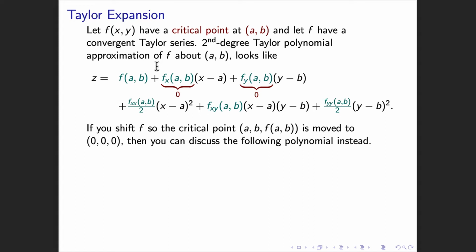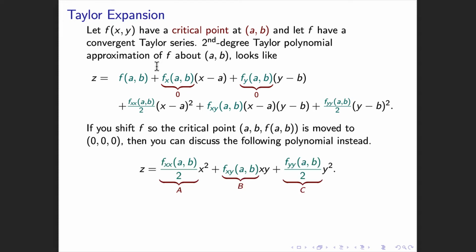So a, b, and f of a and b move to the origin, and then you will have a neater and cleaner polynomial with the same properties. If there's a local min, local max, or saddle point, it will be preserved by this transition.